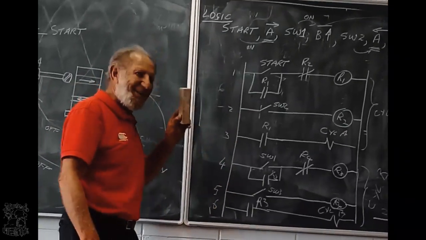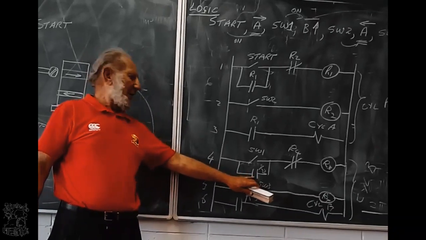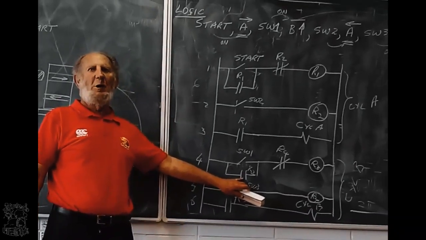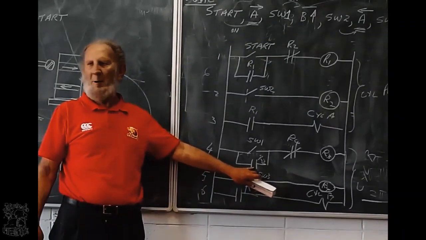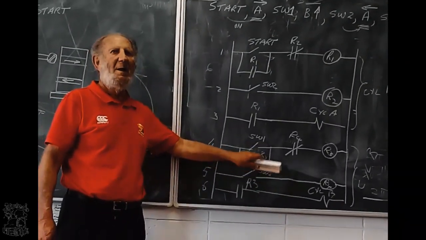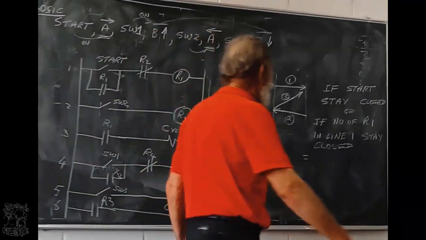But can you see that we will get the same problem if this contact stays closed? We will get exactly the same problem because they are in parallel. It doesn't matter which one stays closed, we will get the same problem.